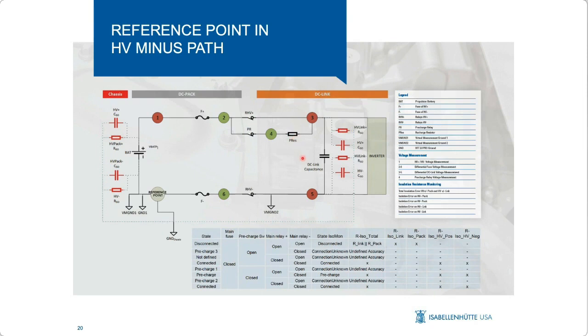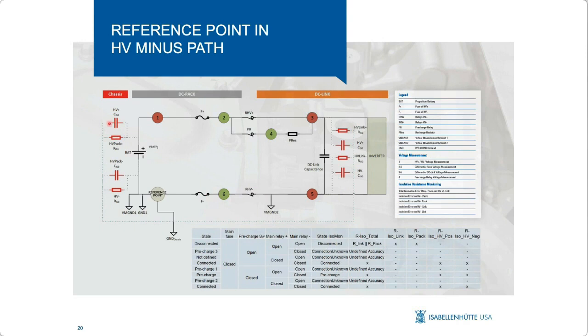Next, we have the DC link capacitance and DC link circuitry, and then all the way on the right here, the inverter circuitry and the drivetrain. On the negative leg of the battery, we have the relay on the negative side as well as the fuse on the negative side.